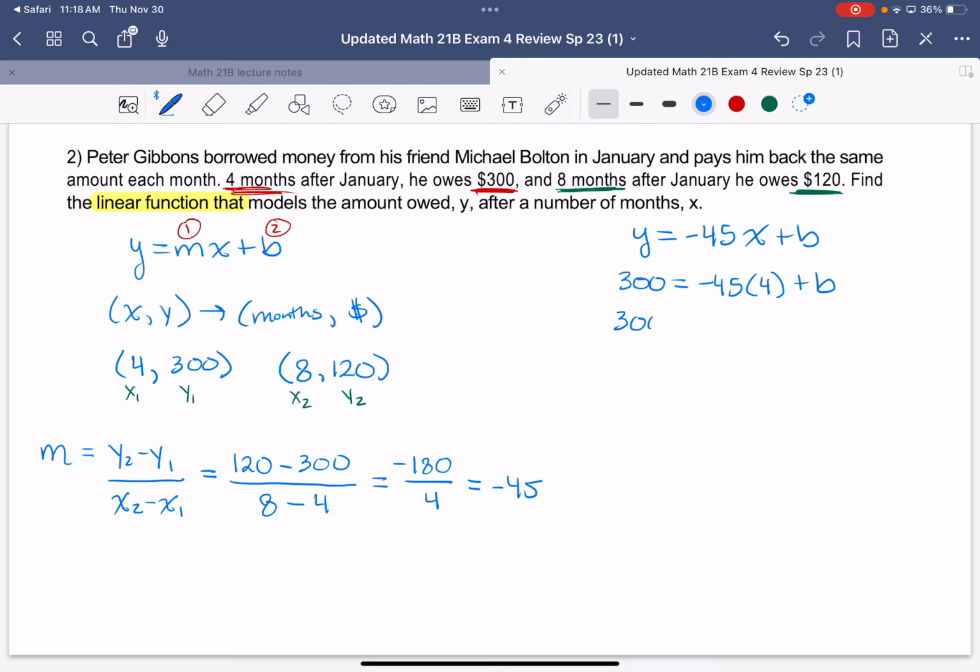So this is 300 equals negative 45 times 4. That's negative 180 plus b. Let's add 180. To get b alone, let's add 180 to both sides.